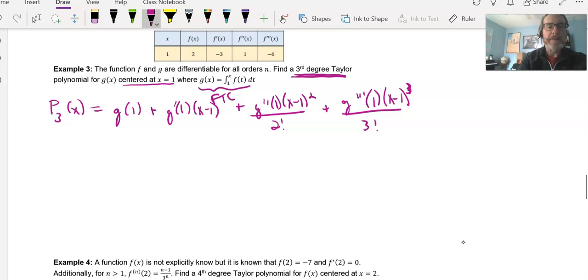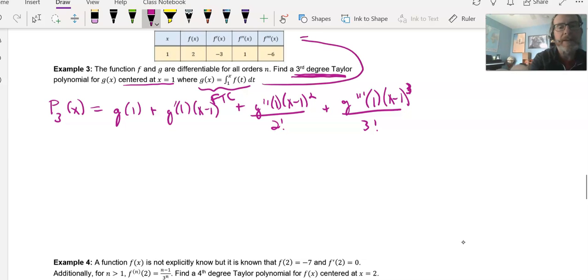Where are we going to get these values from? Well, it's important for us to understand that g of x is related to the integral of f of x, and that's going to lead us towards this table.